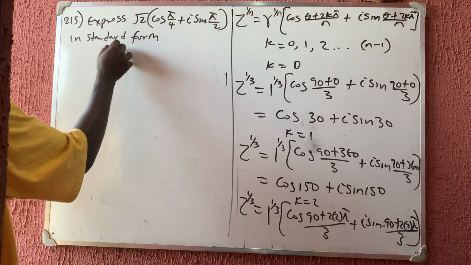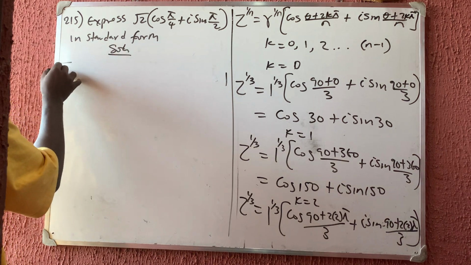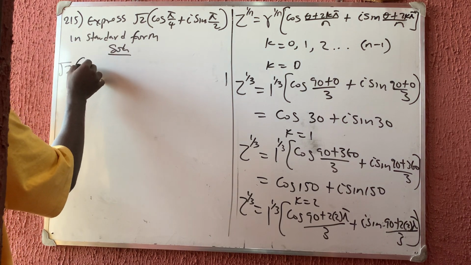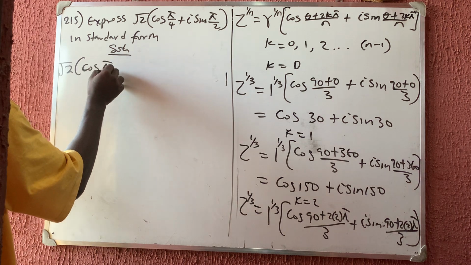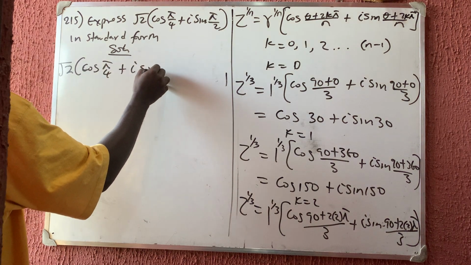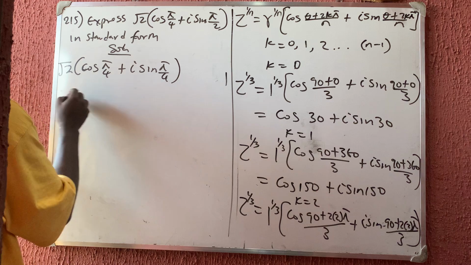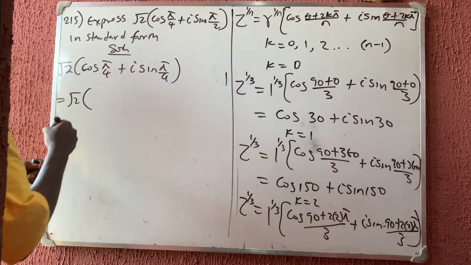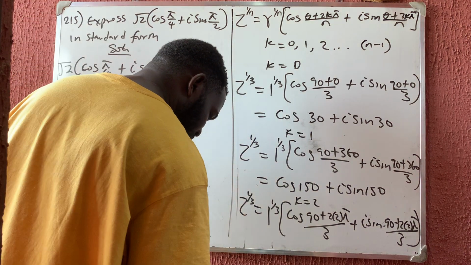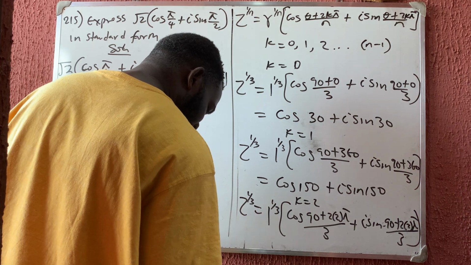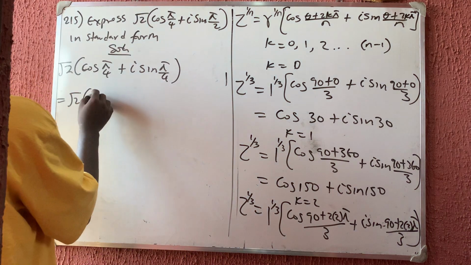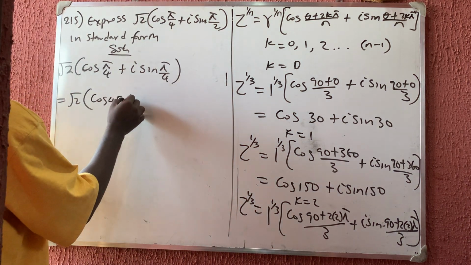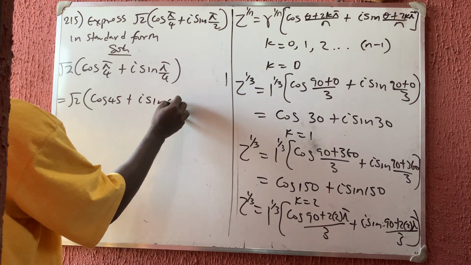So what do you do? Solution. I have the square root of 2 in bracket of cos pi over 4 plus I sine pi over 4. So this is equal to root 2 in bracket of, pi is 180, so 180 divided by 4, I'm going to have 45. So I have cos 45 plus I sine 45.